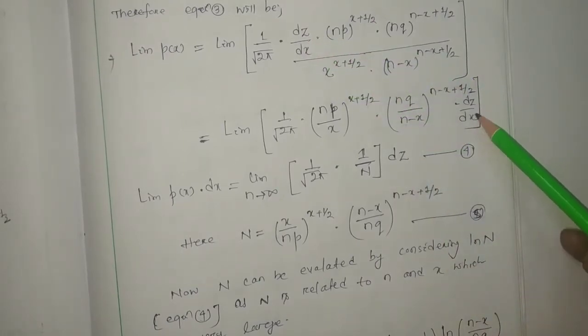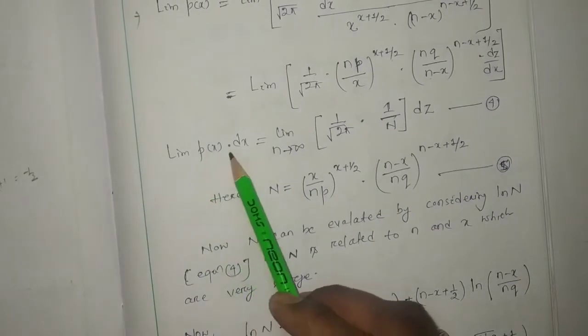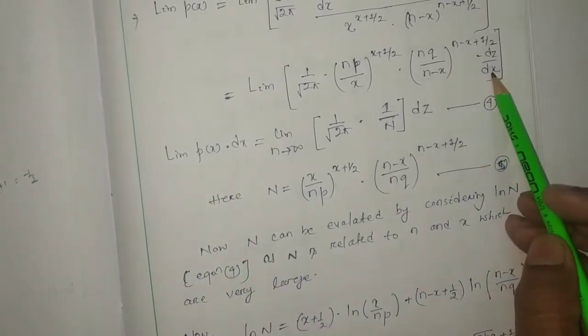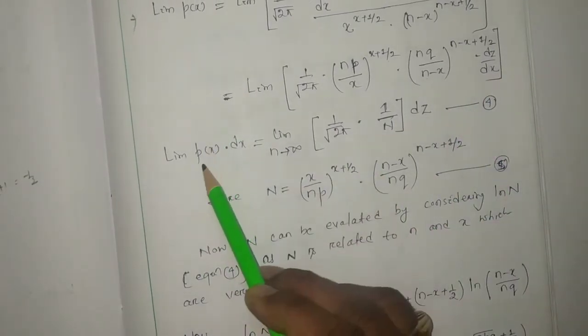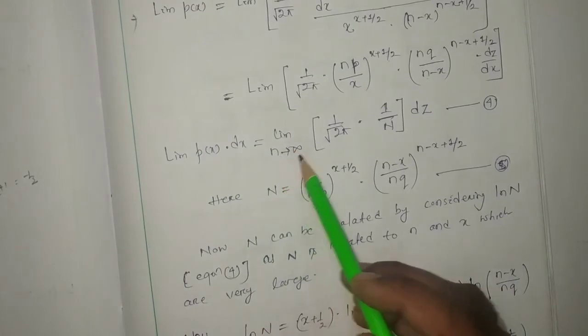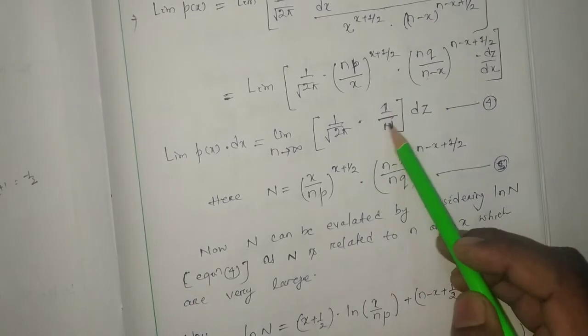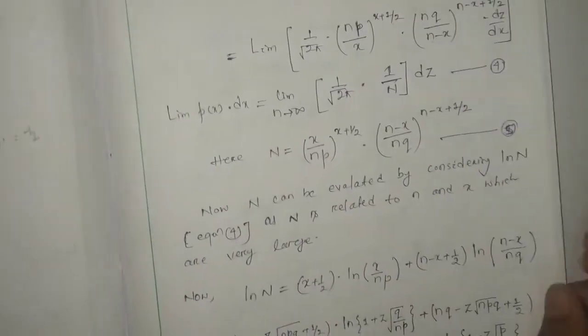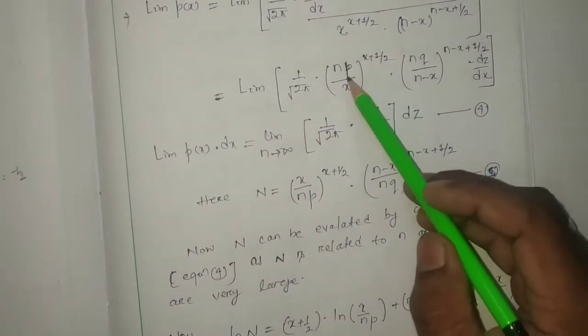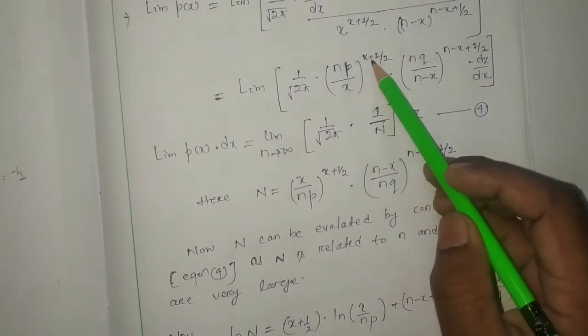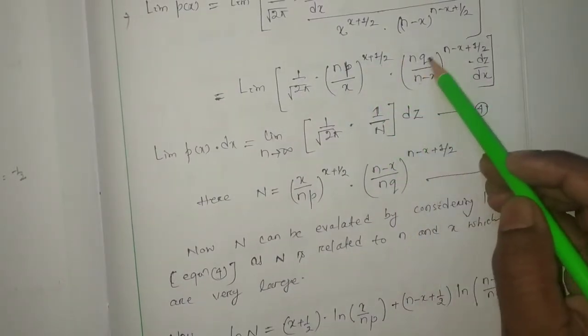Now, limit P(x) dx. Here dx is taken to the left side, so P(x) dx will be the limit as n tends to infinity of 1 by root over of 2 pi into 1 by N. Here N we have considered as this one: np by x to the power x plus 1 by 2 times nq by n minus x to the power this one.